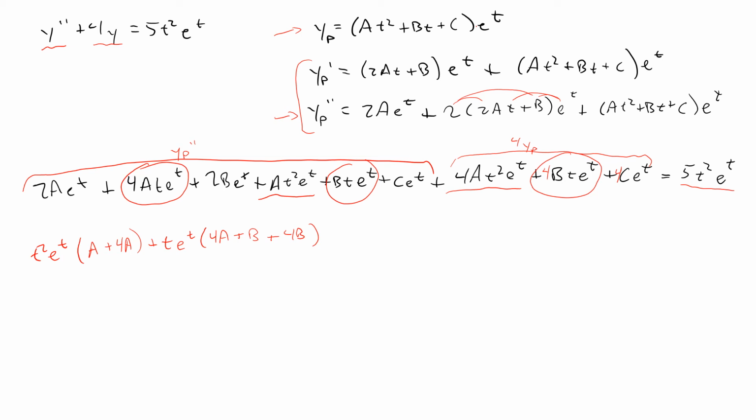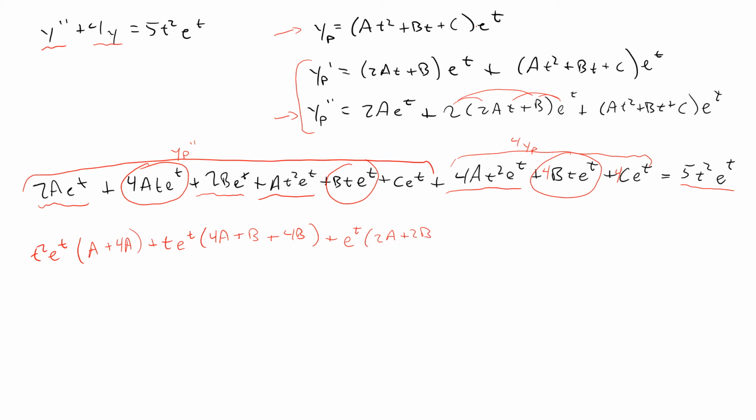But continuing on, next I'll look for anything that has an e to the t without a factor of t attached to it. And looking through, I see the very first term has an e to the t, so that had a 2a attached to it. And this term here, that has a 2b attached to it.